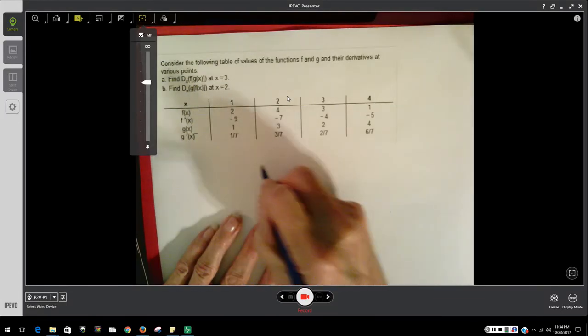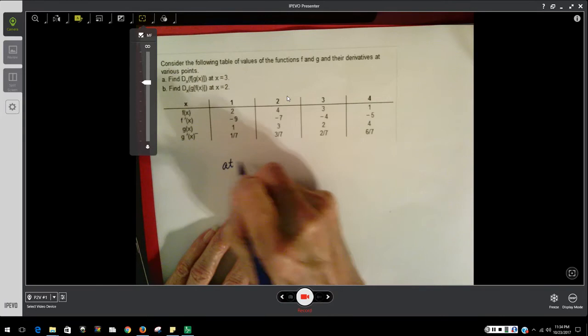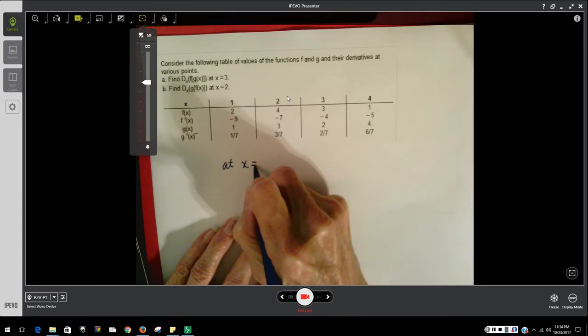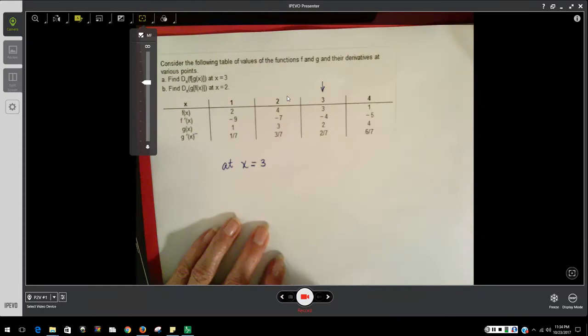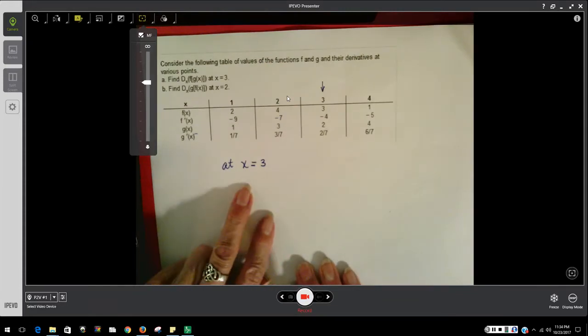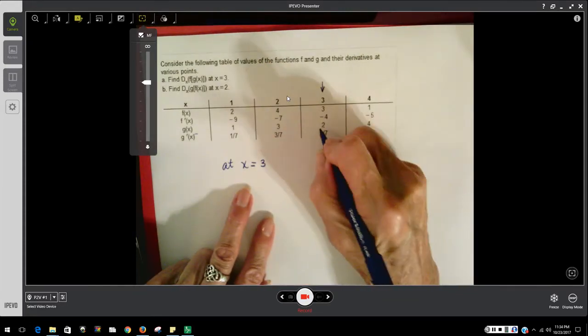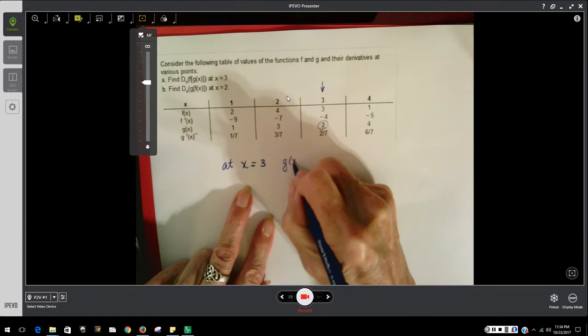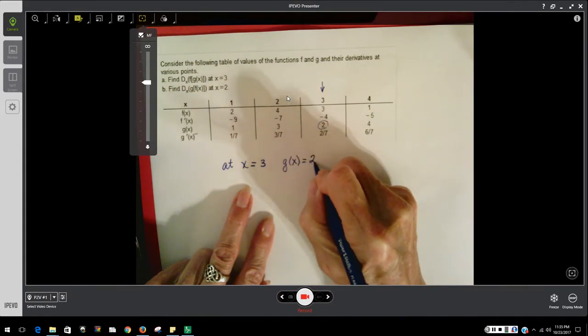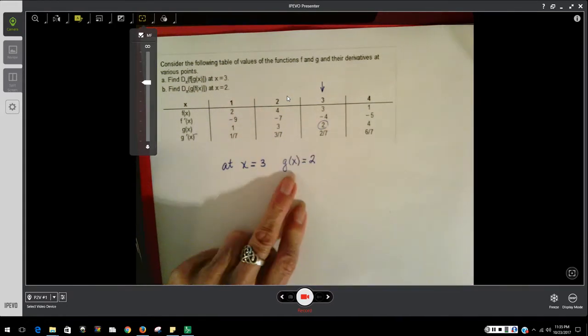Now, at x equals 3, the value of g of x is equal to 2. So 2 is the input for f of x.